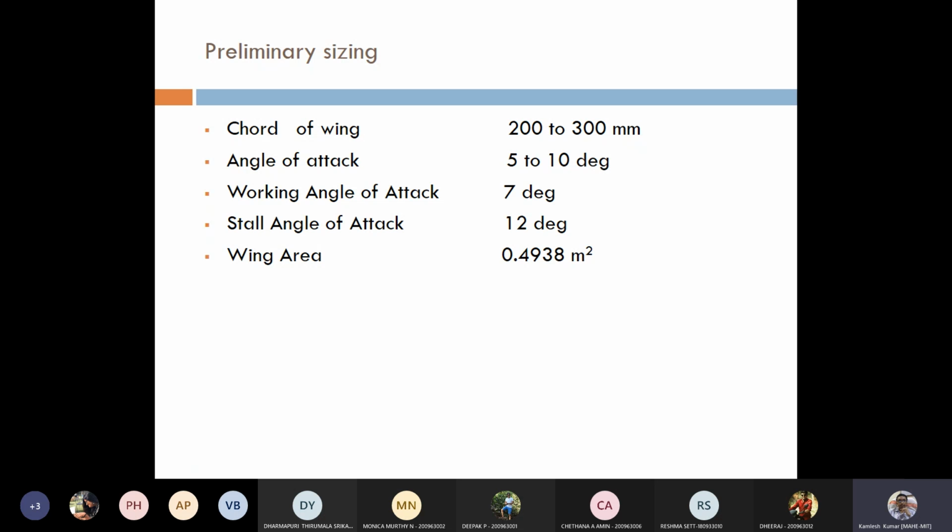Based on previous knowledge or previous pilot ratings of the aircraft, you can go ahead considering the normal preliminary sizing you require for the angle of attack, the working angle of attack, then the stall angle of attack. You should check all those points with the designs also, but you should have some idea of the wing area, b into c, we are talking about here.